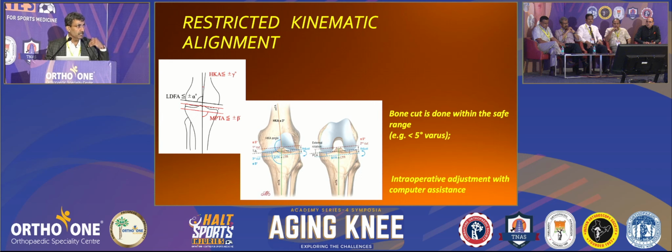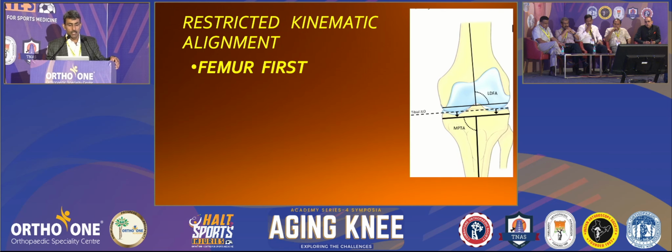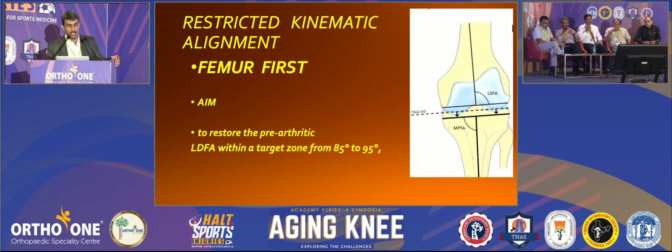Sugumanam, anything? Yeah. Restricted kinematic alignment where we have bone cuts within the safe range, and intraoperative adjustment can be done only with technology, either with computer assistance or so. And there it's femur first and aim to again restore the pre-arthritic LDFA; you have a target zone between 85 and 95. So for those of us who use technology, do you check that once you make the cut, before the cut, after the cut?